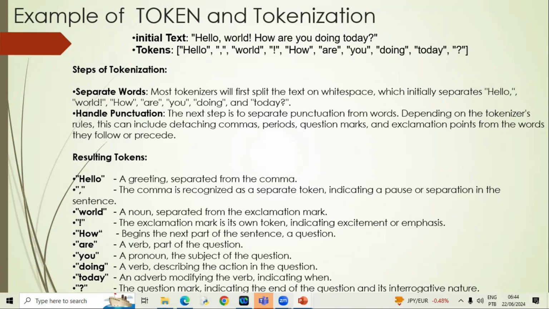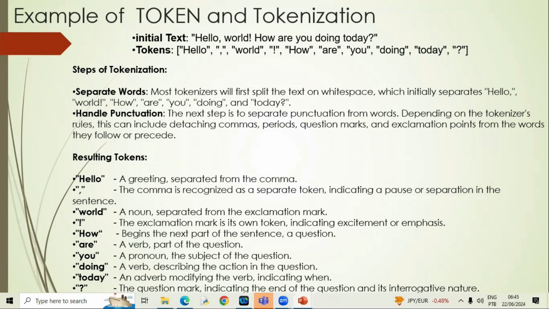To separate words, most tokenizers will first split the text on white space, which initially separates hello world, how are you doing, and today. Now again, world is divided into two parts, world and the exclamation symbol. When we handle these punctuations, we understand there is another word which has meaning.